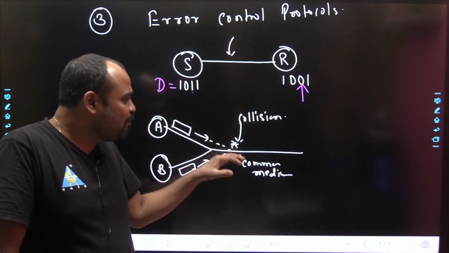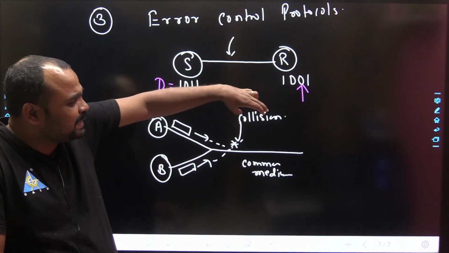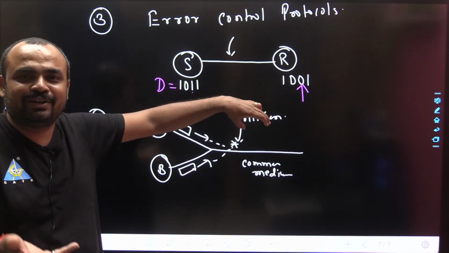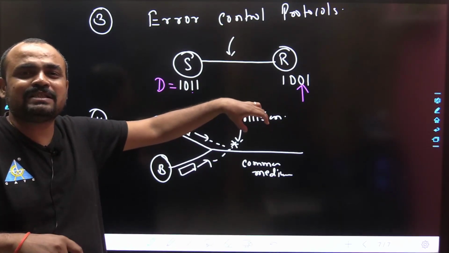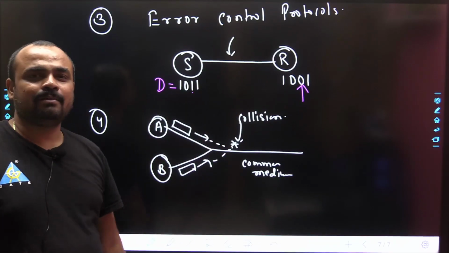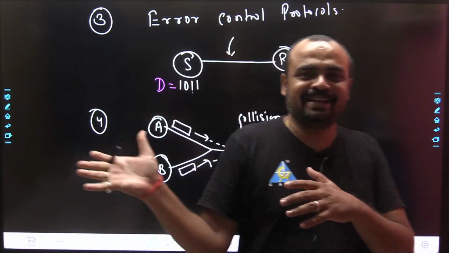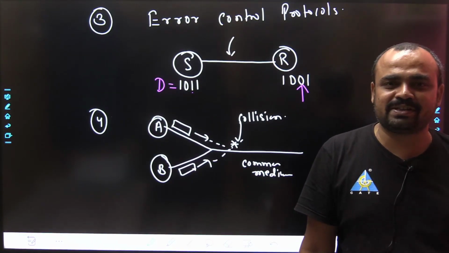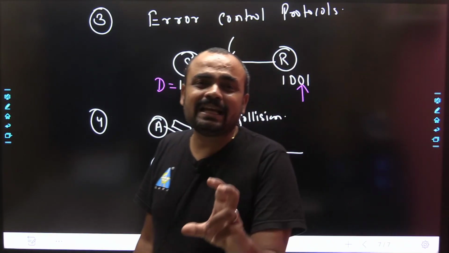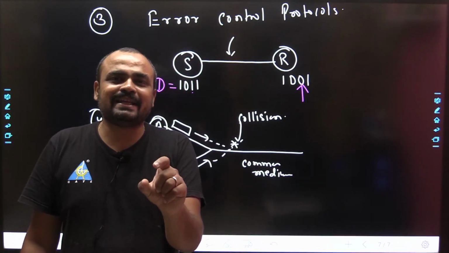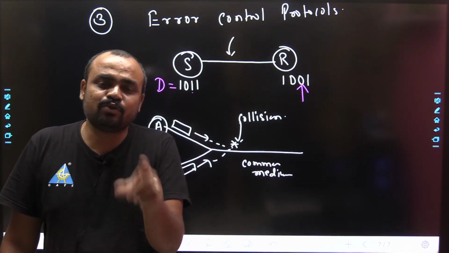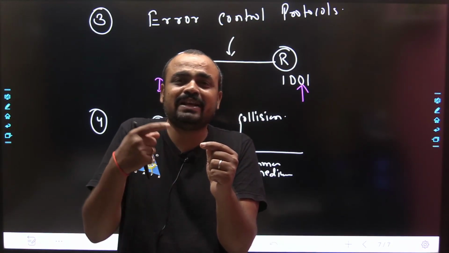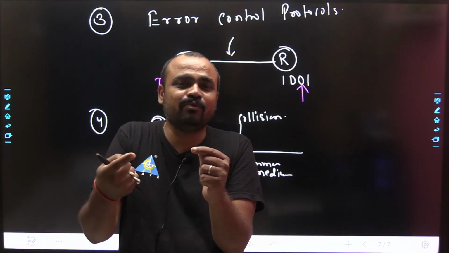To avoid or minimize this collision, there are various protocols involved, and all those protocols we will discuss inside the media access control that I have written. One protocol is contention free, the second is contention based. See, contention basically means collision. So whenever I write contention based, it simply means the collision will happen. We cannot remove it.